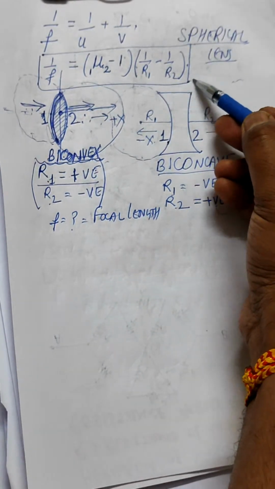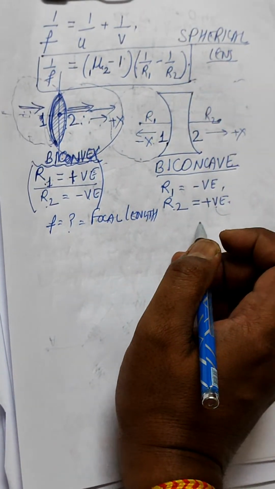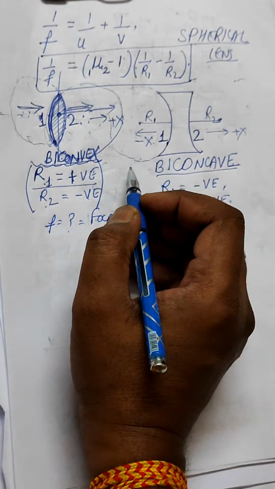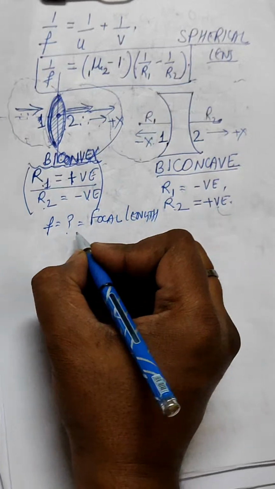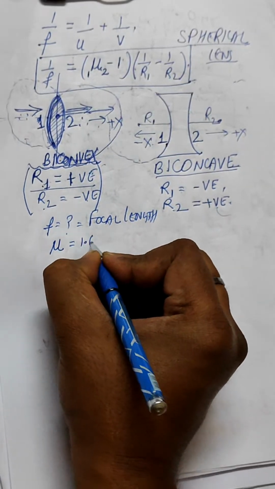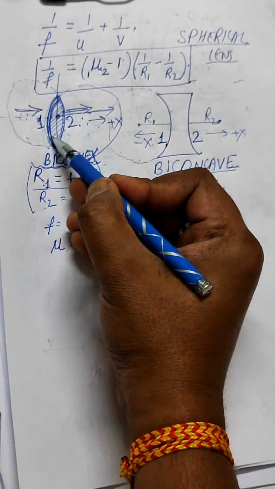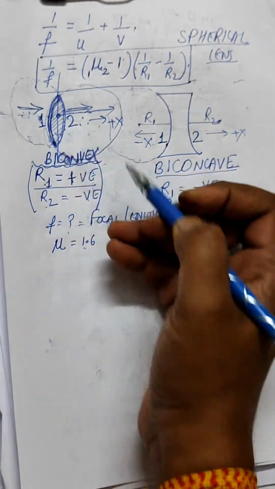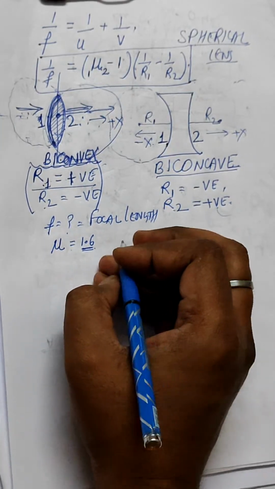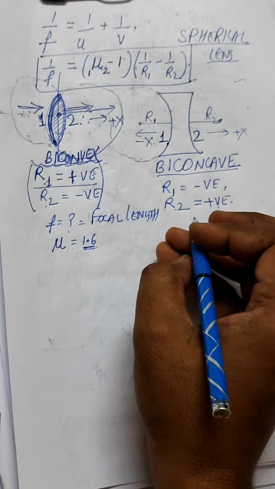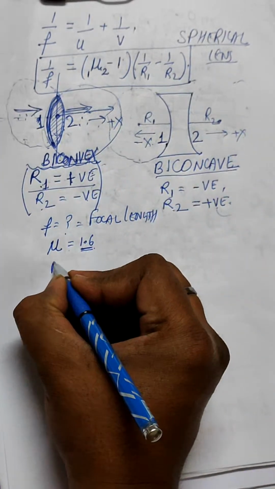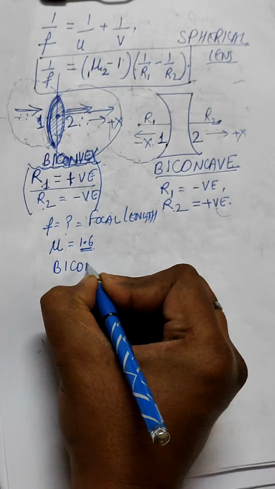The refractive index mu is given as 1.6 for this refracting surface, that is glass, right? And it has radii of curvature of 10 centimeter and 15 centimeter.